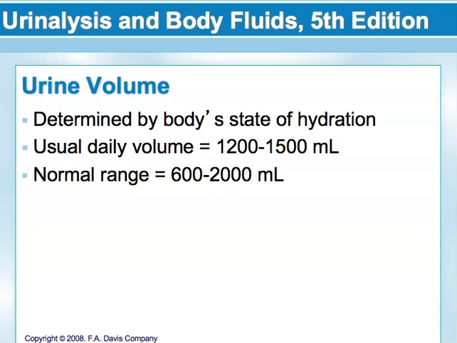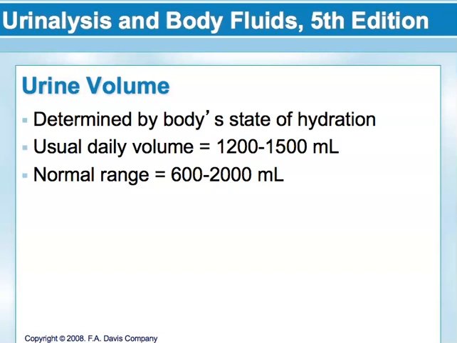Variations in the secretion of antidiuretic hormone, and the body's need to excrete large amounts of dissolved solids such as glucose or salts. If the patient has an increased intake of some of those substances, then the body wants to get rid of it, so it is going to excrete that in the urine.